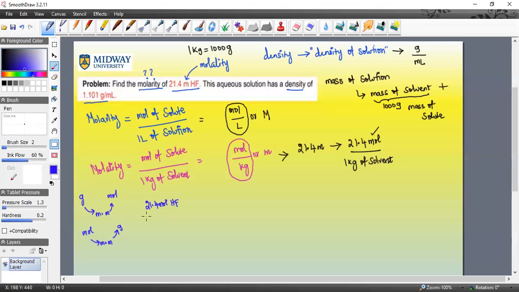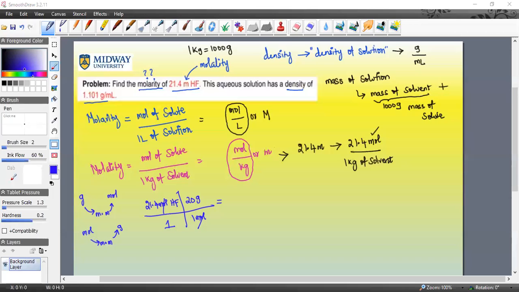Well, I have 21.4 moles of HF, right? That's my given information. I put a 1, and the molar mass of HF, if you calculate, will be 20 grams. So if you multiply by 20 grams and divide by 1 mole, then we have our mass of the solute, which is 21.4 multiplied by 20.